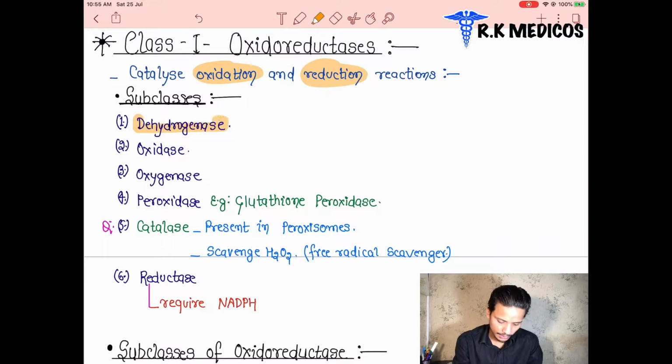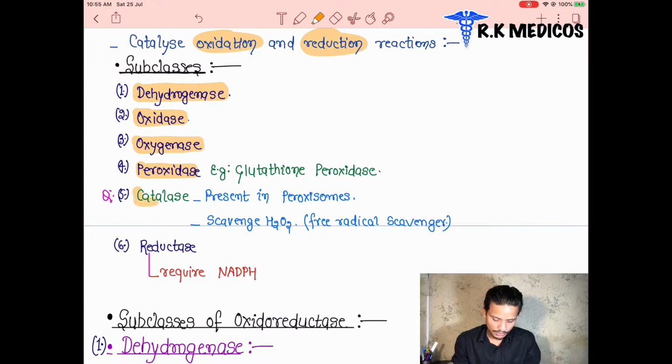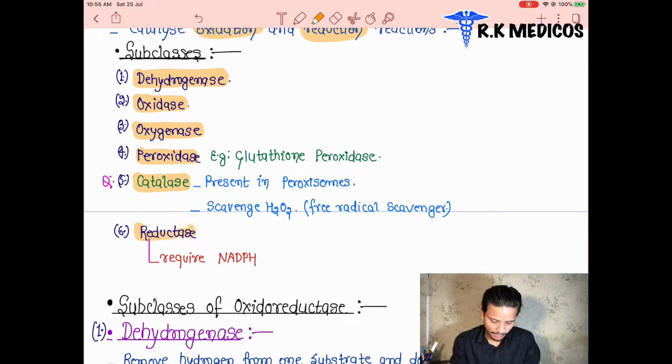The dehydrogenase enzyme group is included in the first class. All the oxidase enzymes are included in the first class, oxygenase in the first class, the peroxidase enzyme group will be in the first class, catalase will also be included in the first class, and reductase.